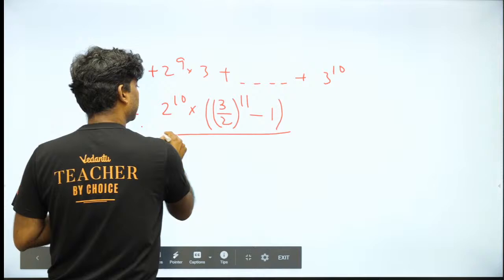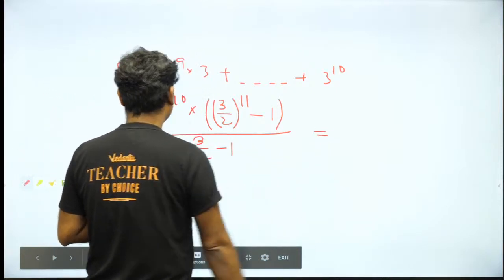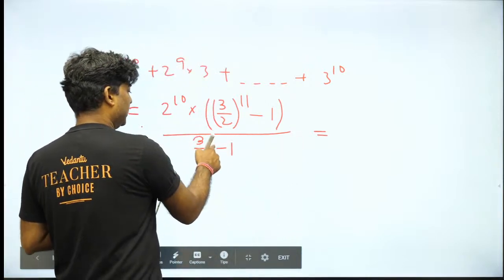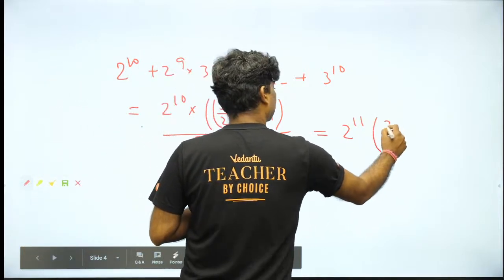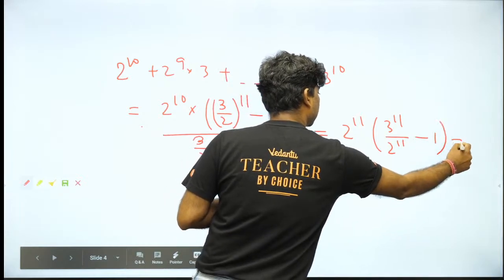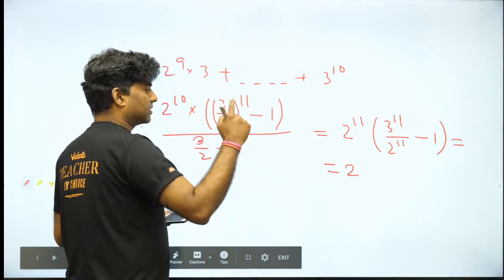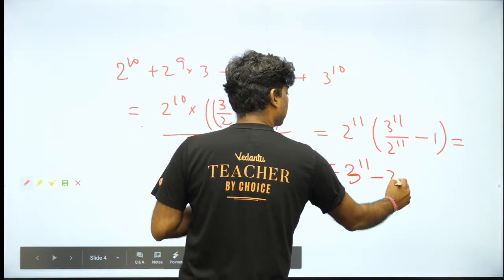There are a total of 11 terms and the common ratio is 3/2. So first term, common ratio, number of terms: r to the power 11 minus 1, divided by common ratio r minus 1. Isn't it, students? So it is 1/2, 3/2 minus 1, which is 1/2, so 2 comes in the numerator. 3 power 11, 2 power 11 minus 1.